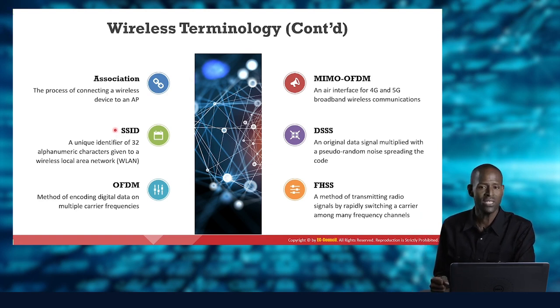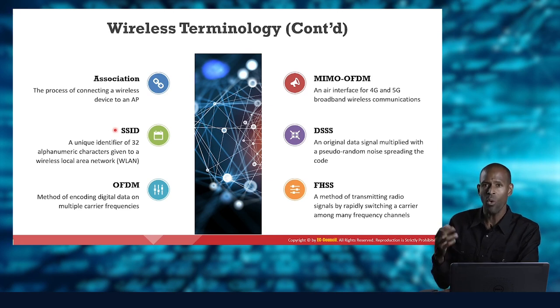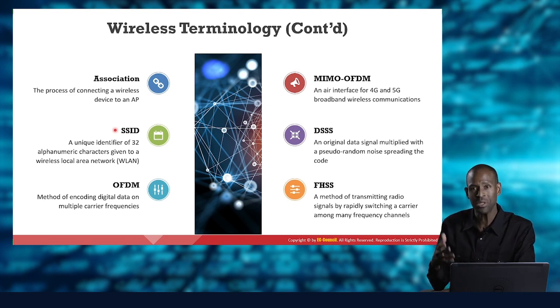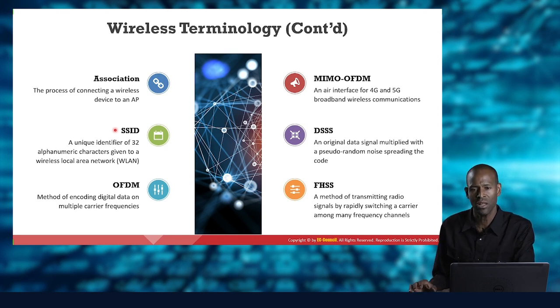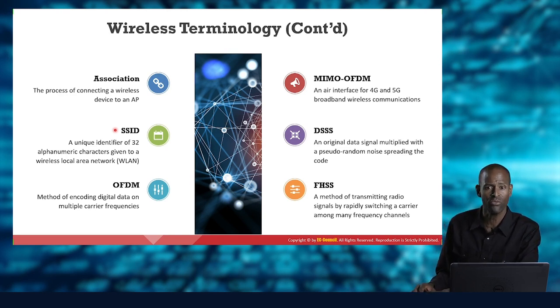And then we have technologies that allow data from the wireless device to be encoded onto a wireless signal to be delivered to the wireless access point. Some of those technologies are OFDM, which is orthogonal frequency division multiplexing, a method of encoding data on multiple carrier frequencies. And there's MIMO OFDM for 4G and 5G.